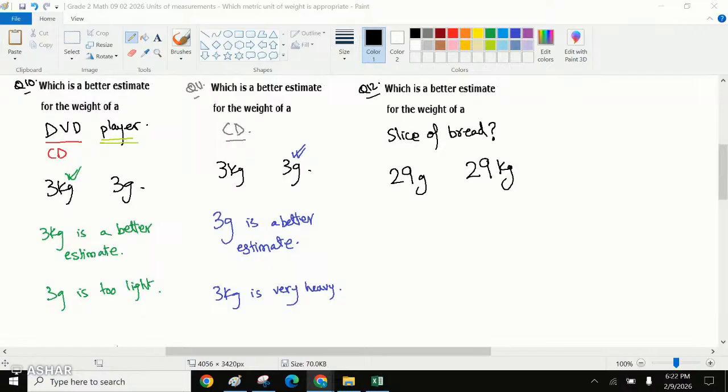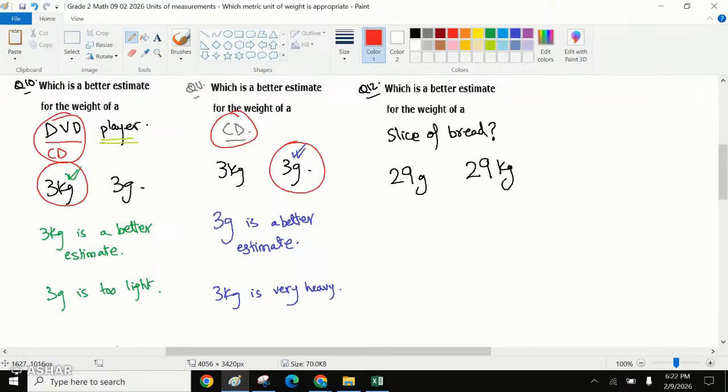May, it has to be, see, DVD player is 3 kilograms, whereas just one DVD is 3 grams. Okay, very good. Why not 29 kilograms? Cordova, why not 29 kilograms?